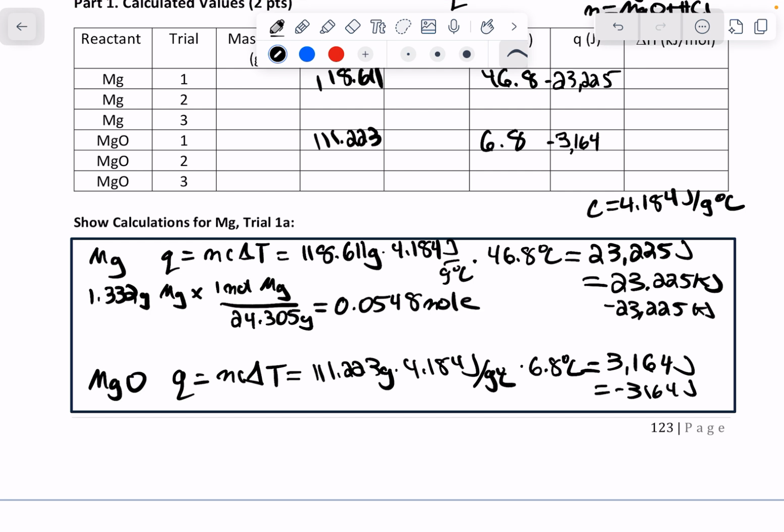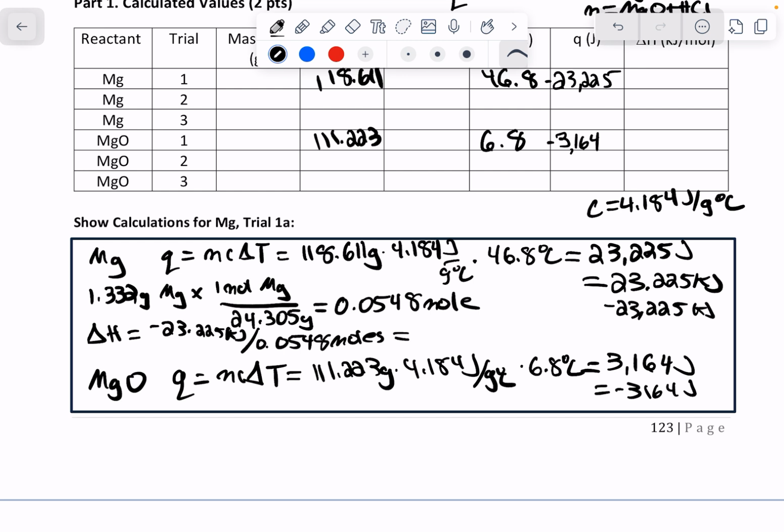So the delta H for the Mg is going to equal a negative 23.225 kilojoules divided by 0.0548 moles.